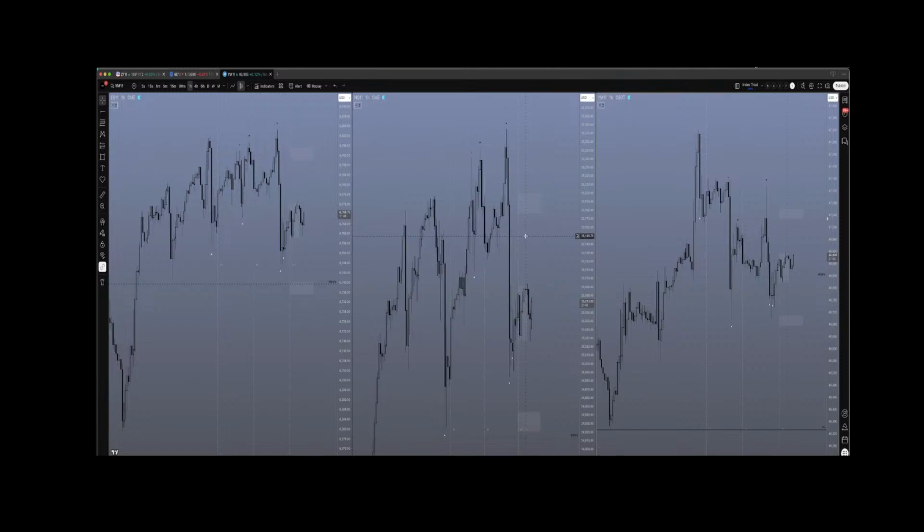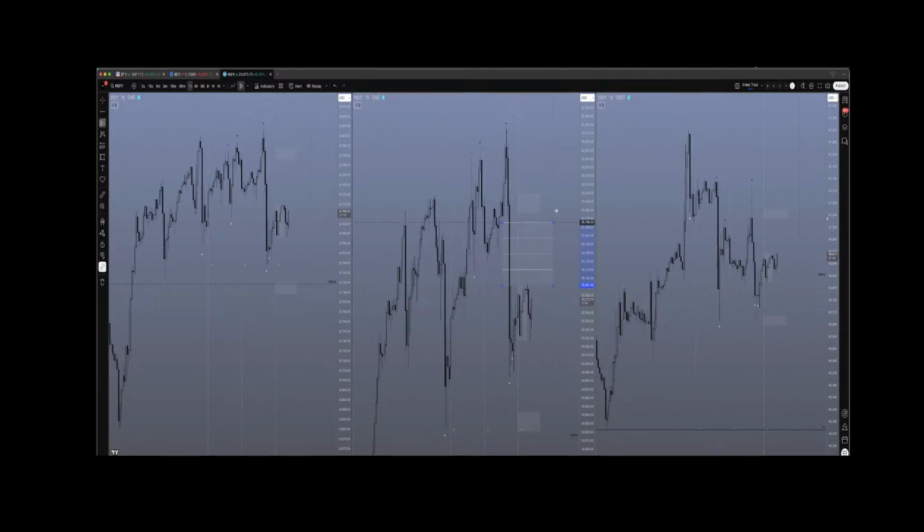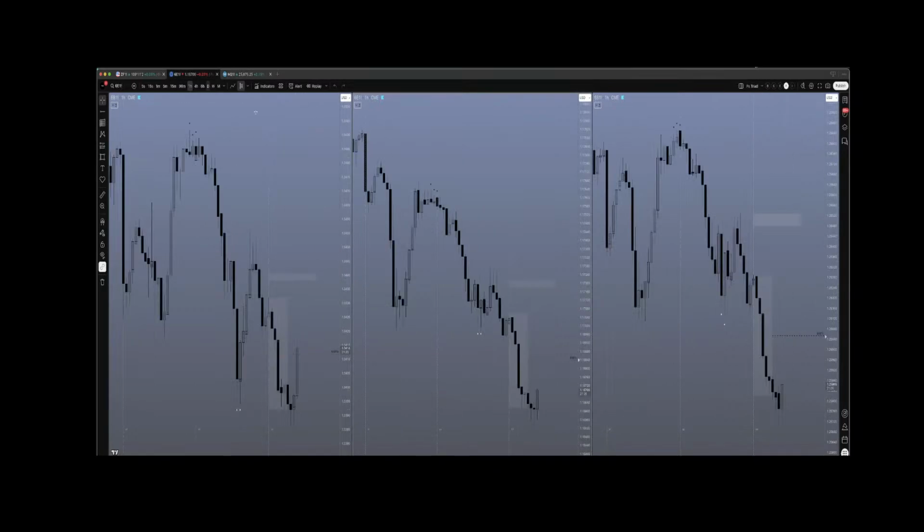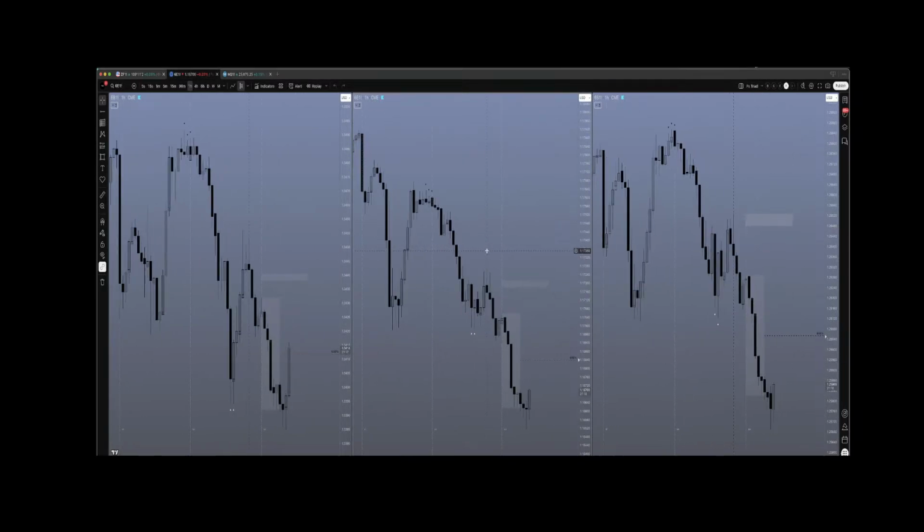NQ left all this. EQ of that fair value gap might be hit as well. Interesting price action we're getting here now.